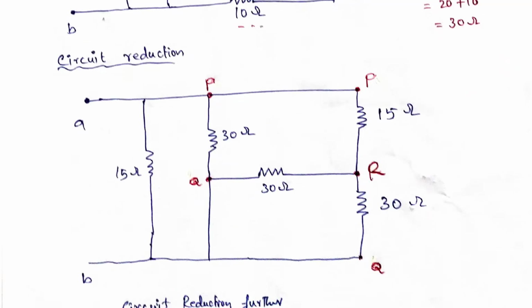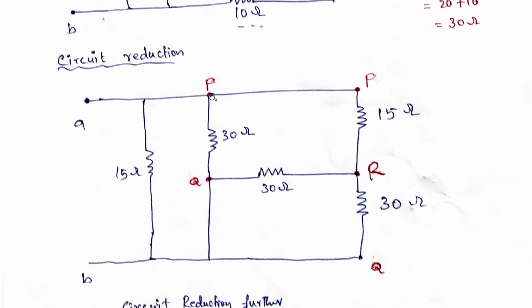So in previous circuits also we have seen this, just by marking those points with some labels. For example, I have marked here P, Q, R like that, because the equivalent resistance across A and B we need to find out. We can use different notation, instead of A, B, C, D, we can use P, Q, R, S like that.